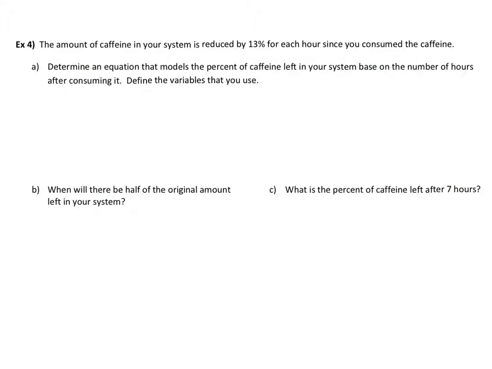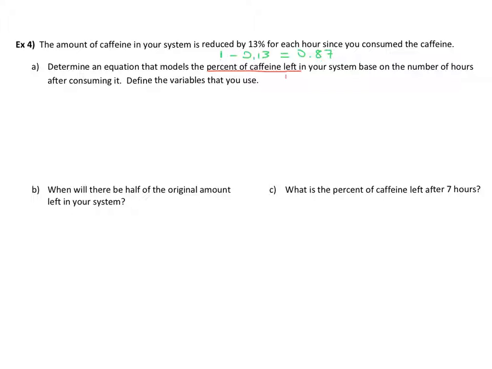Okay, so we're talking about caffeine in the system. It's being reduced by 13%. So when I go to find my B value, I'm going to start with a 1, and I'm going to subtract the 0.13. And that will give me 0.87. So that's going to be my base value there. And we're talking about getting an equation that models the percent of caffeine that's left in the system.